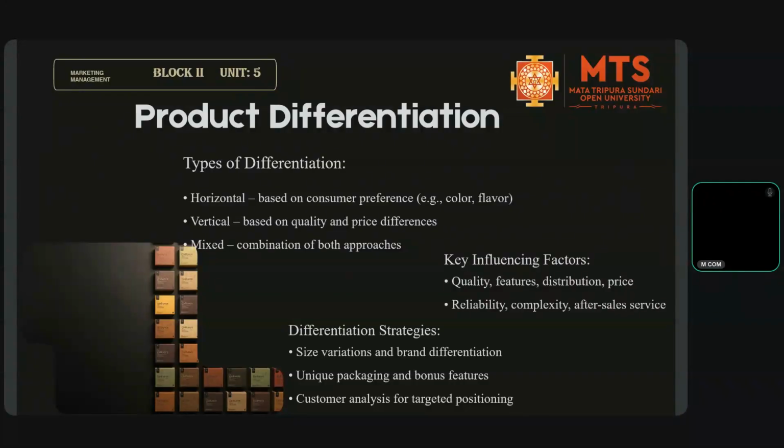Then there is unique packaging and bonus features. When you buy premium products, you find that they come with a good box, a shining cover, and a different style of opening, and they make you feel like a premium customer.